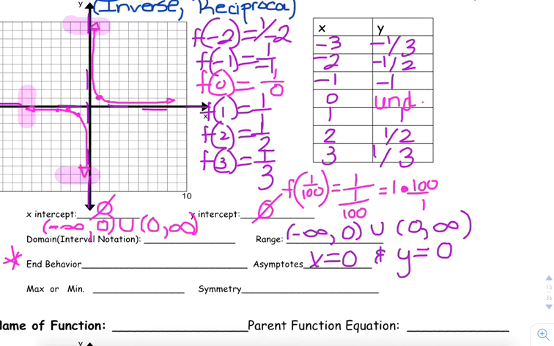We do not have a maximum or minimum because of our range going down all the way to negative infinity, up all the way to positive infinity, even though we take that break. And if we were to fold this, we could say that this is symmetric across the origin.